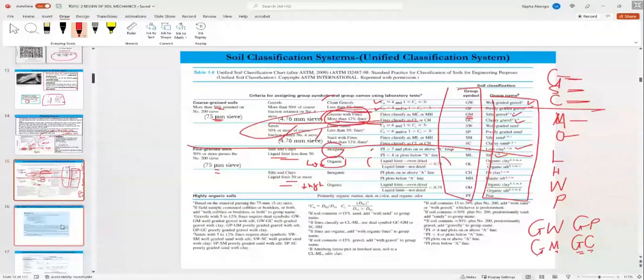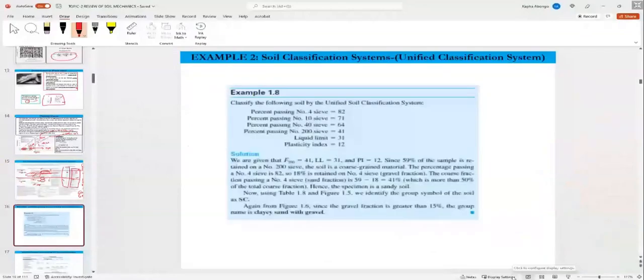Okay, let's see if we can do a unified classification. We have done particle size distribution, then picked a portion: percentage passing sieve number 4 is 82, passing sieve number 10 is 71, passing sieve number 64, passing sieve number 200 is 41.